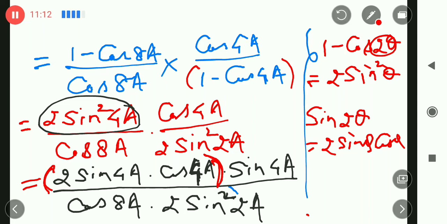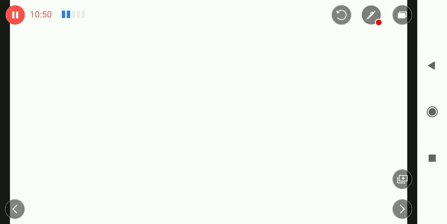So we can also write 2 cos theta into sin theta, 2 sin theta into cos theta equals sin 2 theta. In the same way, in place of 2 sin 4a into cos 4a, what can we write? Only sin 8a. Can we write? Of course we can write.